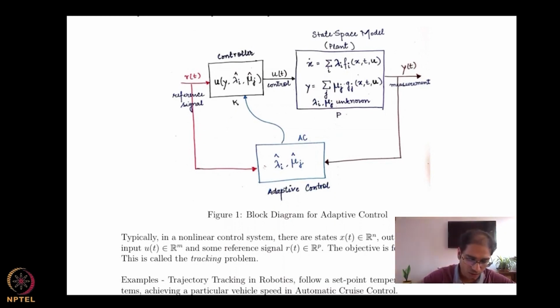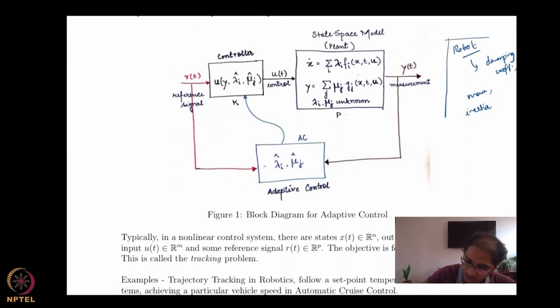There are lots and lots of examples of this. For example, if you consider a robot, you may have damping coefficient, mass, inertia, and so on. All of these can be unknown quantities.